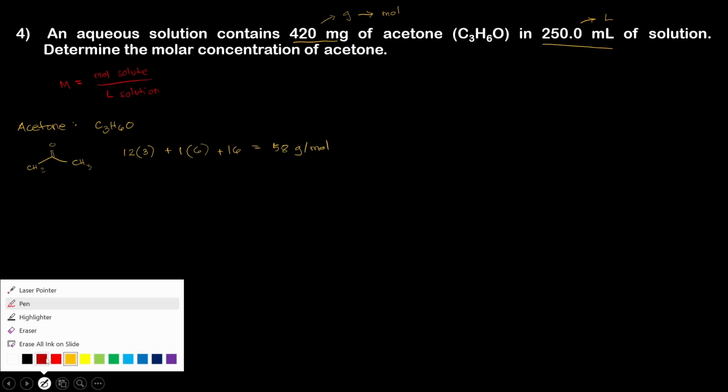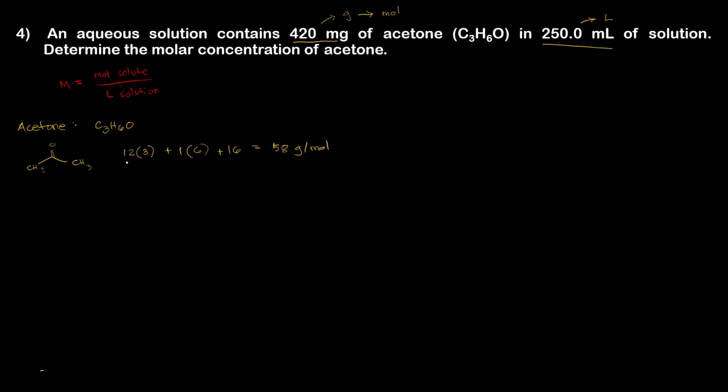Now that we have the molar mass, we can use this to solve for the molarity of the acetone solution. Okay, so starting with the given mass. So let's always start here with the given mass of the solute. 420 milligrams of acetone, C3H6O.